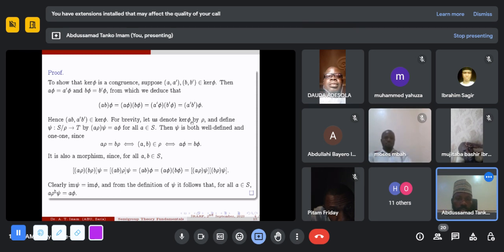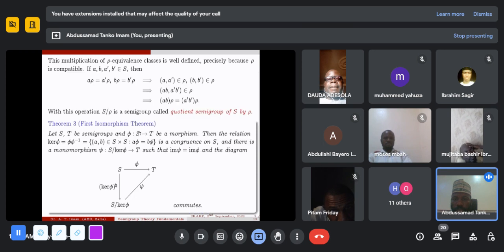So we write kernel of phi as rho, and then we can define on the quotient semigroup this psi by: if you take any equivalence class of A under rho, the kernel now, it will be mapped by psi to the image of the generator under phi.